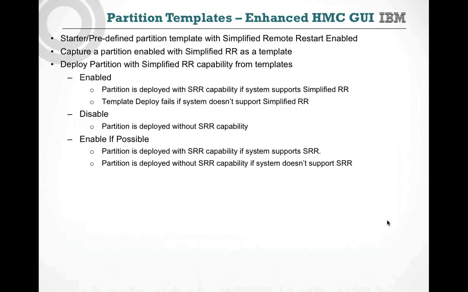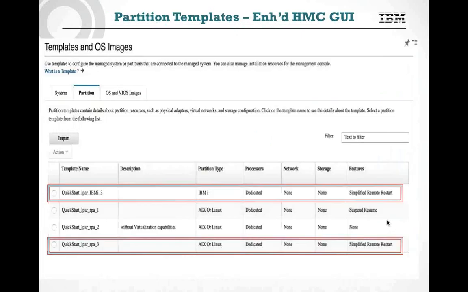Okay, so this is where we just stopped. We'll go to the next chart now. We have some predefined templates now. You can see here on the enhanced HMC GUI, over on the far right, that if you have extra capabilities set for a partition like Simplified Remote Restart, they show up on the HMC GUI in your templates.